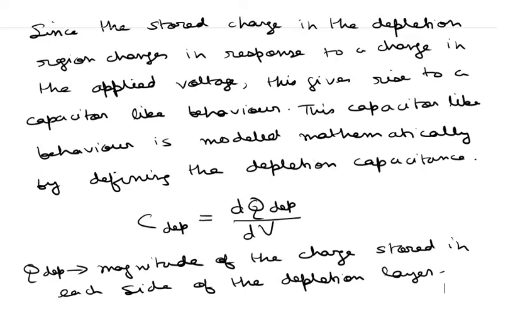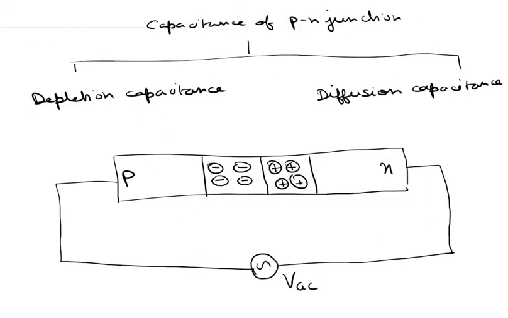Okay, so this depletion capacitance is defined as C dep equals dQ dep by dV.